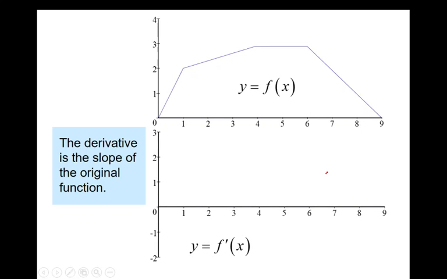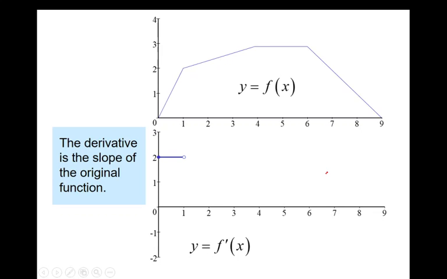If I look at here, between 0 and 1, what is the slope of this curve? Well, from 0 to 1, my rise is 2, my run is 1. So what's the slope there? 2. So when I go to draw my derivative, the slope from 0 to 1 is 2. Like that.